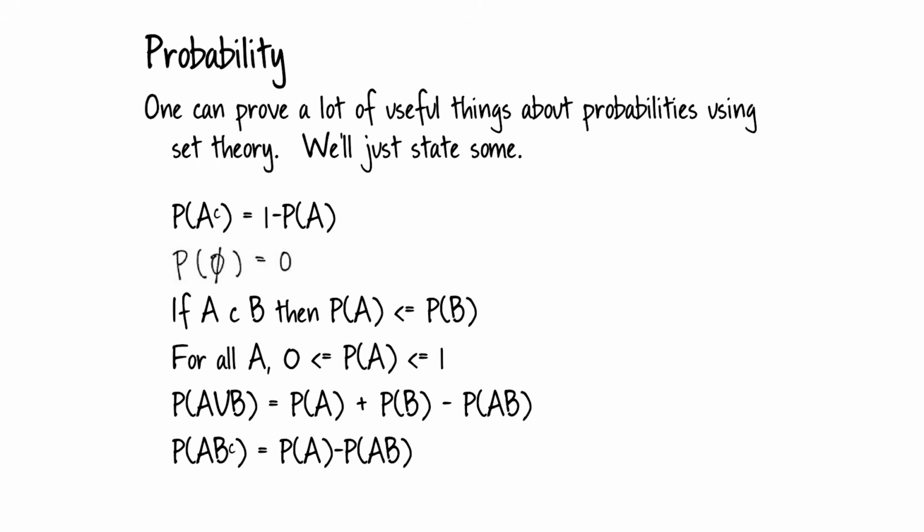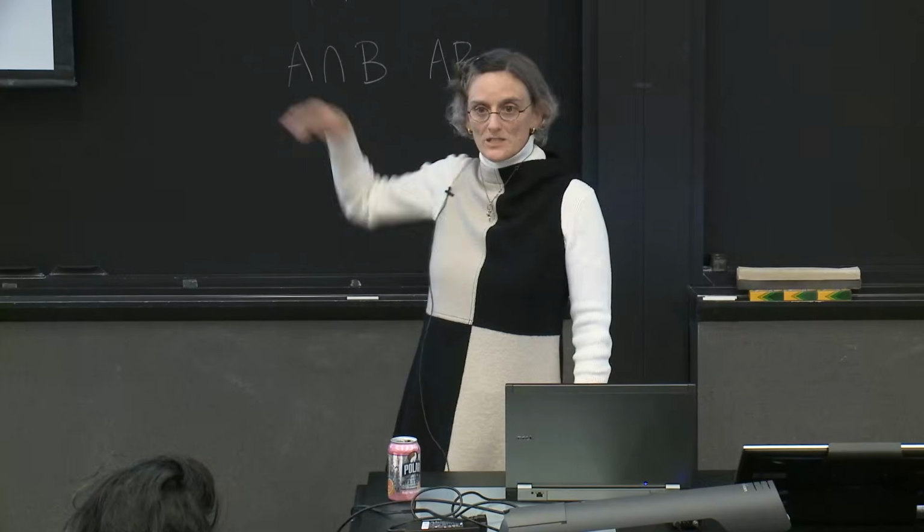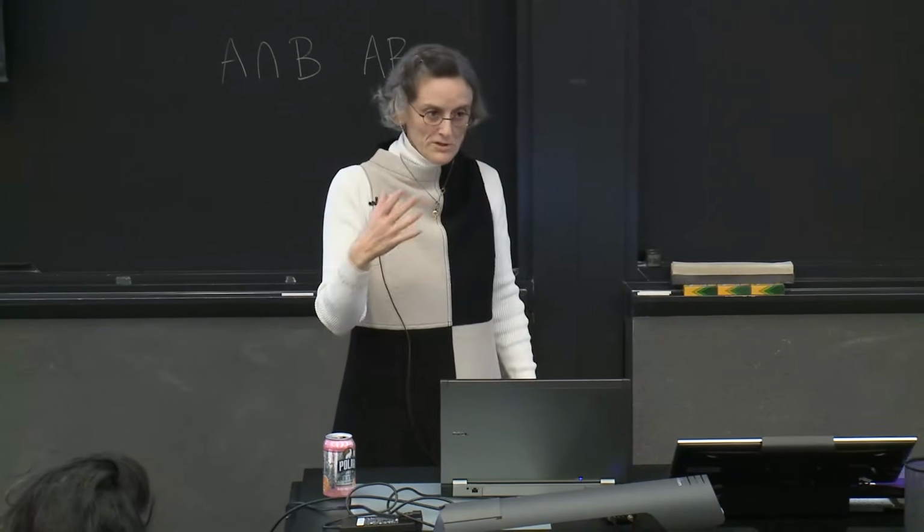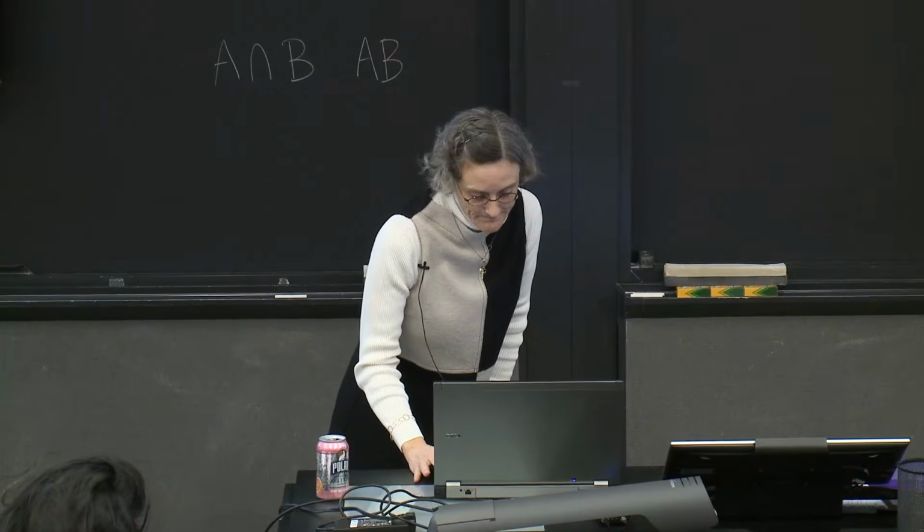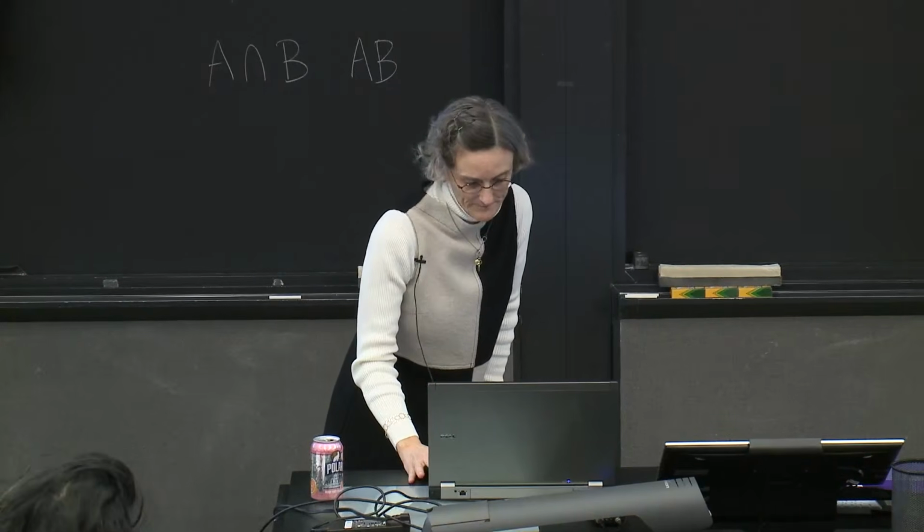And finally, the probability of A intersect B complement is equal to the probability of A minus the probability of the intersection. We'll refer back to a number of these results in the examples coming up, so keep those in the back of your mind.